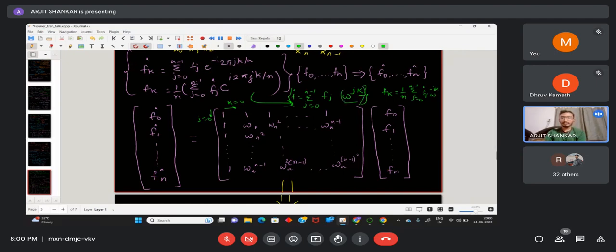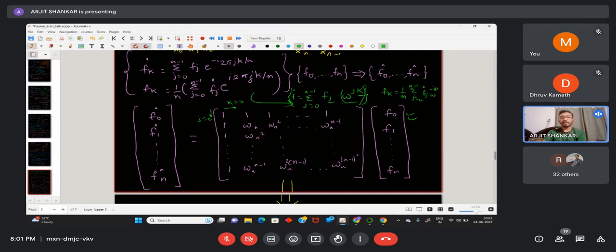These are the matrix elements, okay? And this fj is written over here. Now see, how can we write the second row? The first term we got 1. What about the second term? The second term is j equal to 1, and k is anyways 1. So it will become omega to the power 1 times 1, which is just omega.